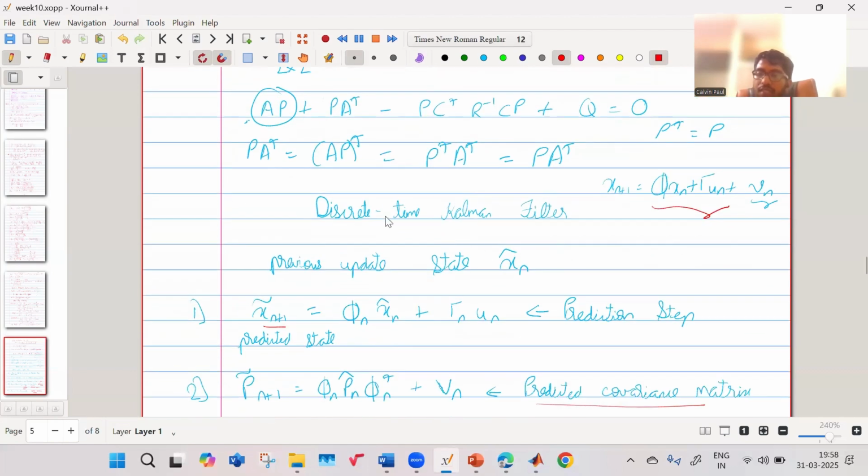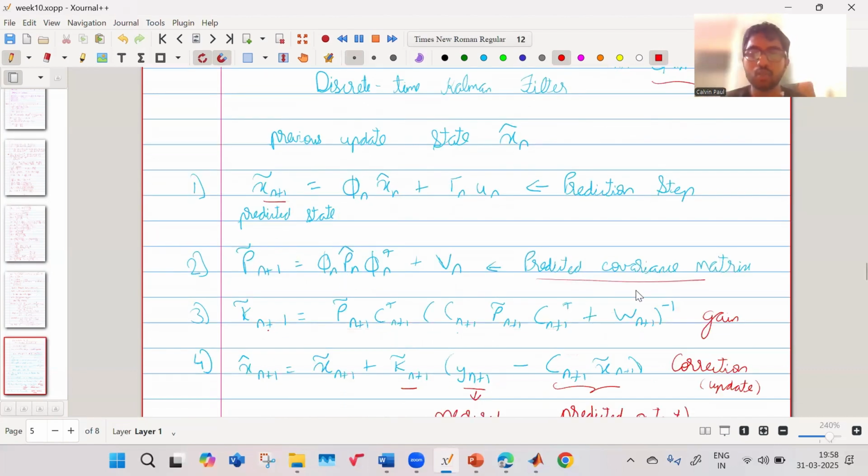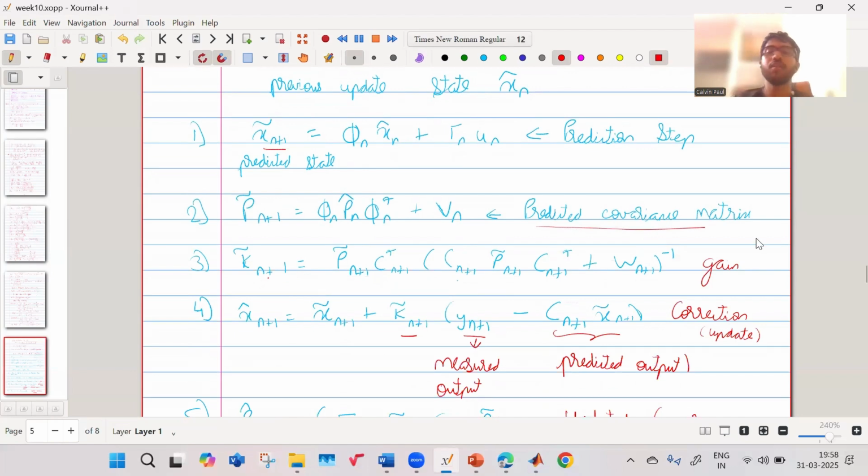Next, we considered the discrete time Kalman filter, which has various update steps. This is the prediction step, where we predict the value of the state. Then we predicted the covariance matrix. Then we determined the gain K, which we use in our updating calculation. Then we updated the value of the state depending on the measured output, our predicted output, and the computed gain.